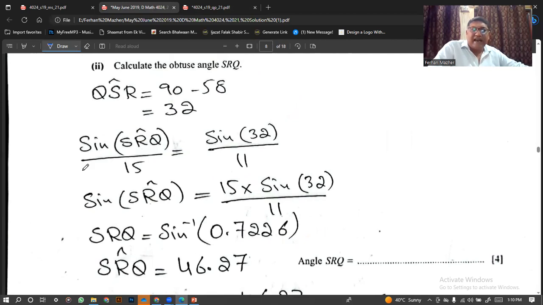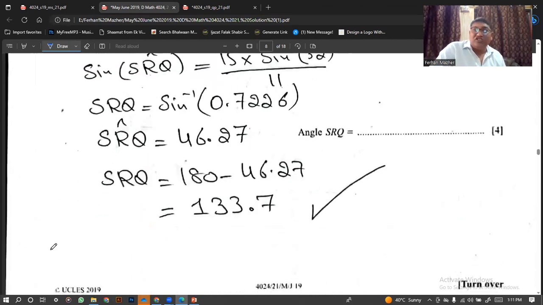Sine of SRQ divided by 15 is equal to sine 32 divided by 11. So the sine of SRQ will be equal to 15 multiplied by sine 32 divided by 11. Its answer is 0.7226. Taking sine inverse of this, that will be 46.27.